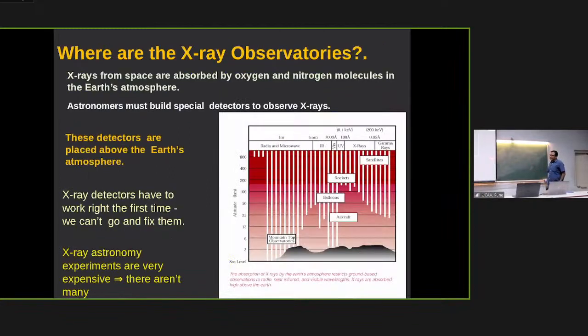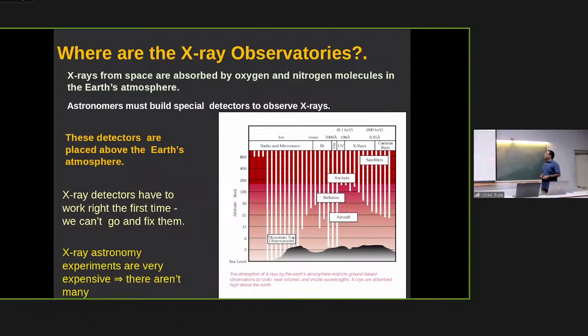So where are these X-ray observatories? As I mentioned when we discussed how X-rays interact with matter, X-rays get absorbed. Our atmosphere has various elements, carbon, oxygen, nitrogen, molecules, etc. These elements in these molecules, oxygen molecules or nitrogen molecules, actually absorb X-rays, and therefore X-rays cannot reach the surface of Earth.